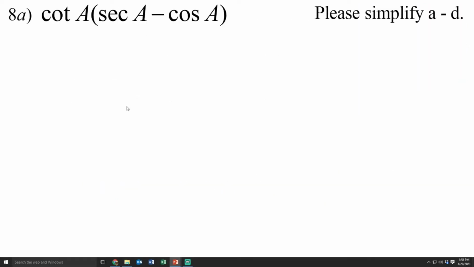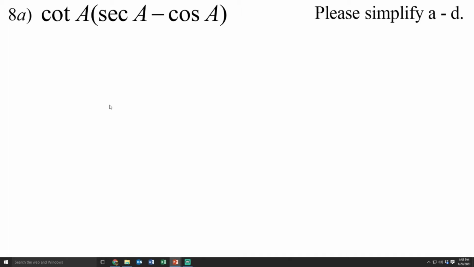So in the next section on the review, we're going to be simplifying trigonometric expressions. All right, and this leads to trigonometric proofs, which we'll be doing a lot more of in Chapter 9. So to simplify a trigonometric expression, basically, you just use your known trig identities to try to rewrite and simplify.